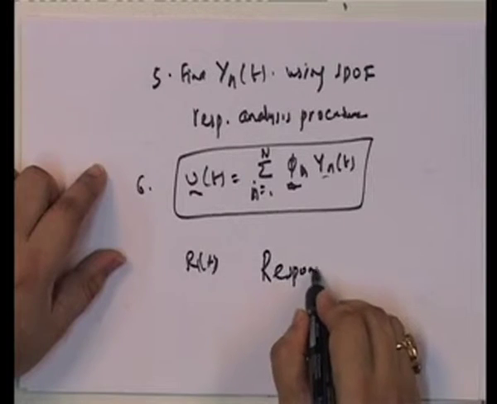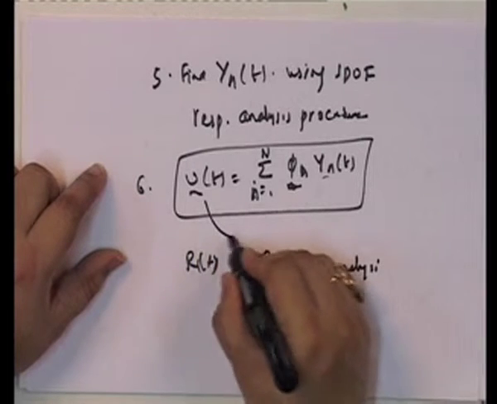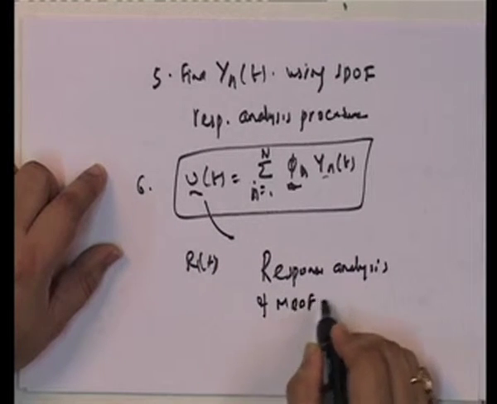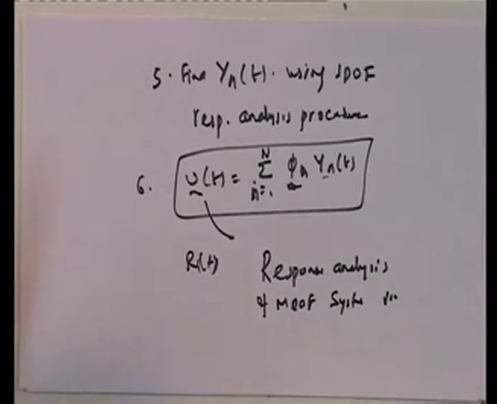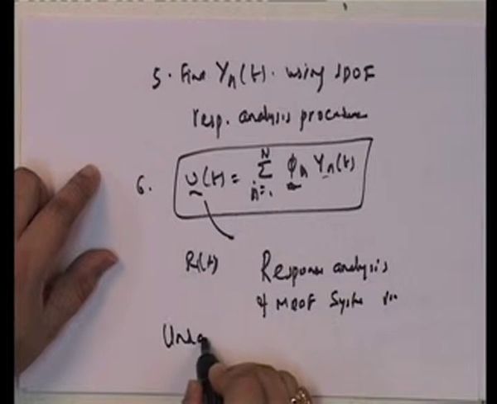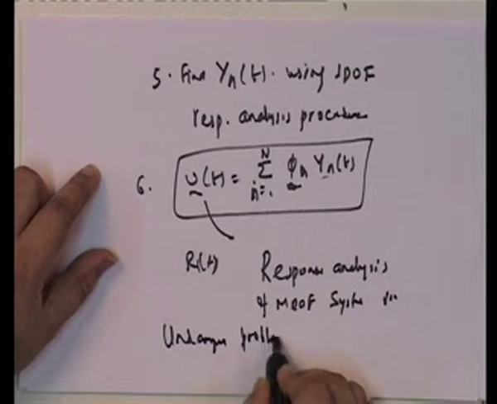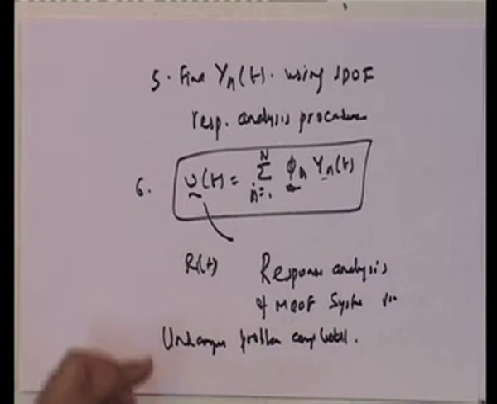And this is nothing but response analysis of a multi-degree of freedom system problem. So, we have solved the undamped problem completely. Okay? So, we have solved the undamped problem.